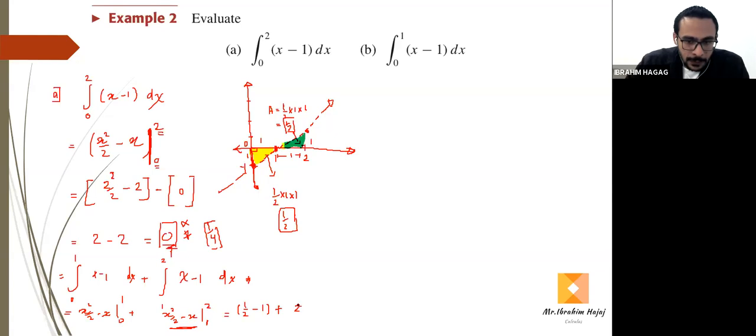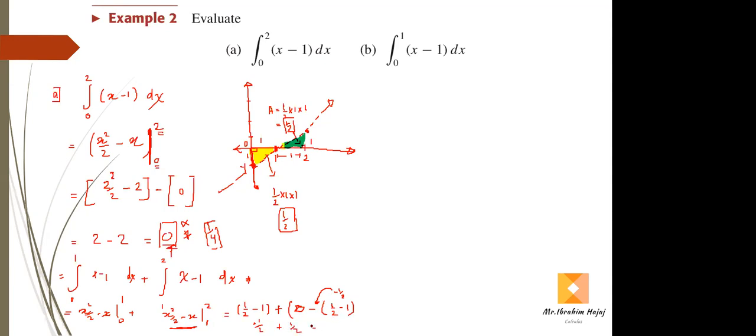But here, minus, when you plug 1 again, gives a half minus 1, which gives a negative half, but times the negative here gives positive half. The first one is negative half and the second one is positive half? يبقى 0 also.